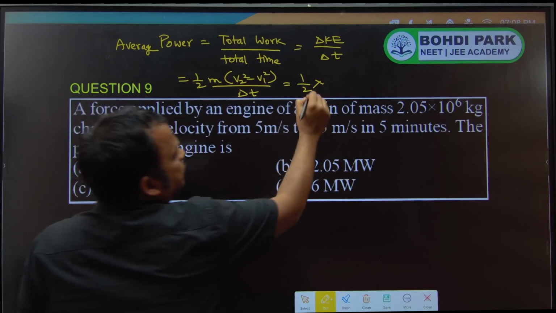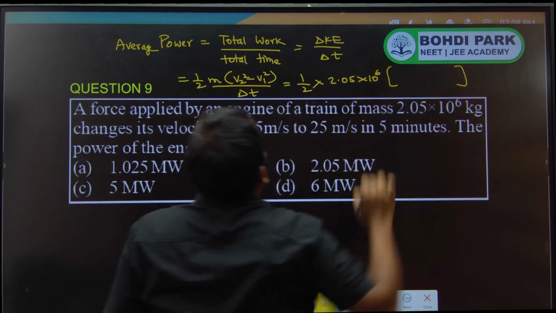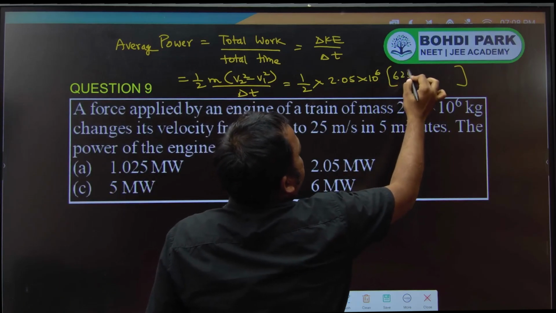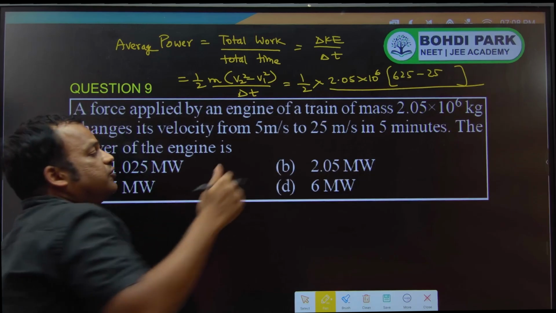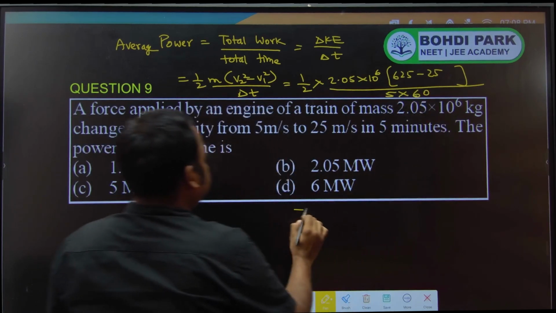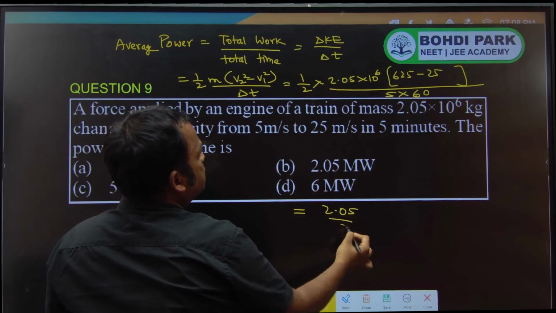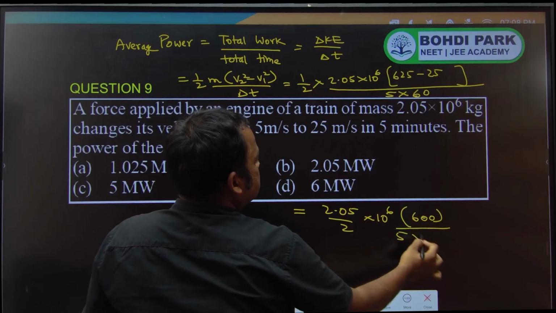So half into 2.05 into 10^6, then v2² minus v1², 25² minus 5², so 625 minus 25, divided by the time taken, which is 5 minutes, converted into seconds, so 5 into 60. Now let's do it. 2.05 by 2 into 10^6, and this is 600, and this is 5 into 60.